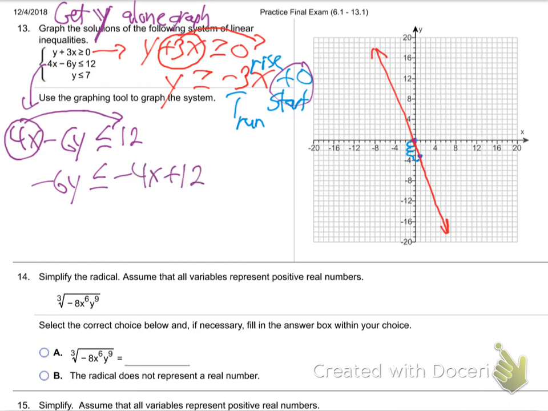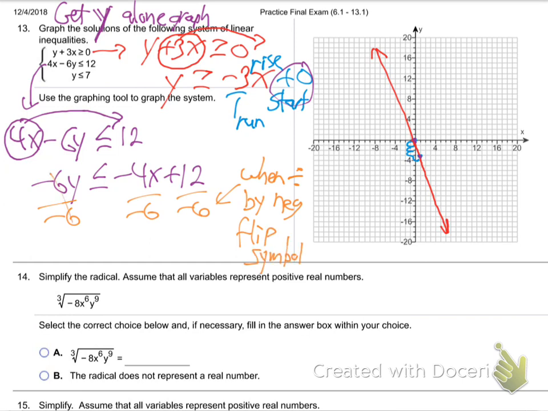And now, what do we do? We divide through by minus 6. I'm dividing by a negative, notice. So when you divide by a negative, flip the symbol. So I'm going to need to take that symbol and flip it the other way.